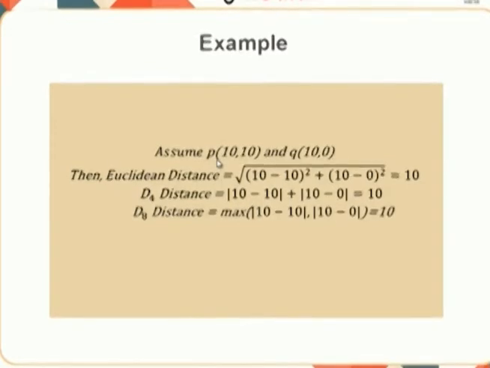Let us assume that we are given 2 points P and Q, and the coordinate position of P is going to be 10, 10, and for Q it is 10, 0. If this is the case, then I can find the Euclidean distance using the formula that we discussed. It is nothing but the root of 10 minus 10 whole square plus 10 minus 0 whole square.